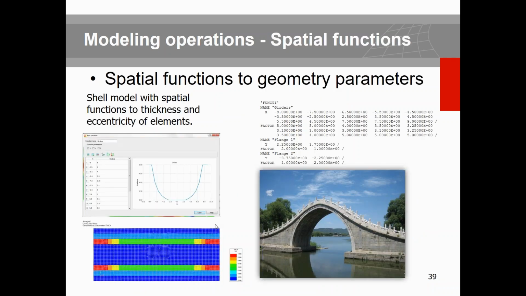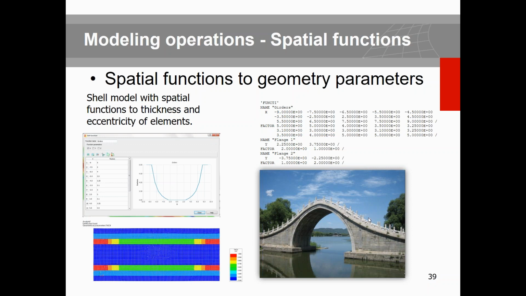With respect to the function, as I mentioned here, in this particular case, in a very schematic way, if I want to model this bridge with shells, these shells at the abutment side are quite thick and the middle of the span is thin.